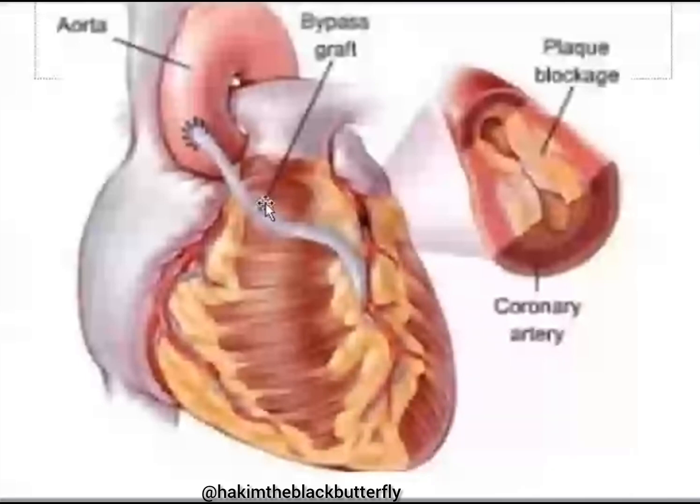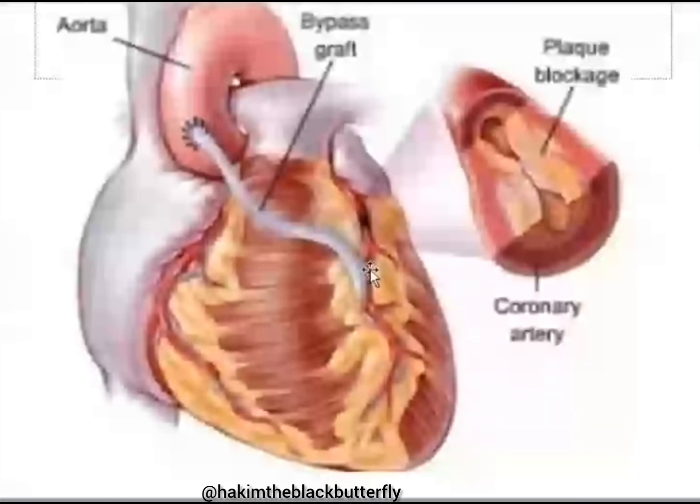So they connect that vein to the aorta and then connect it to the other part of the artery after the blockage. So that much as blood is ending there, blood is going to be picked directly from the aorta and will go after the blockage, and it will continue down to supply the ventricle. This is what we call the coronary bypass graft.